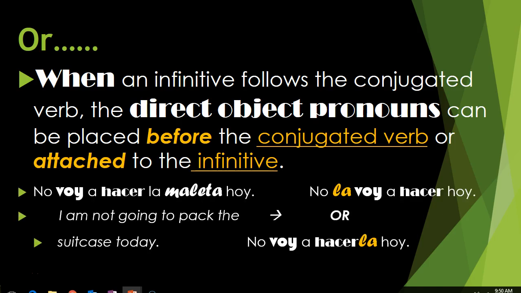So we've got our example, "no voy a hacer la maleta hoy." So notice we've got two verbs. We've got a form of ir, and then we have hacer in its infinitive form. So we're thinking, okay, what's not going to be packed today? And that is la maleta. La maleta se dice suitcase. So that sentence is, I'm not going to pack the suitcase today.